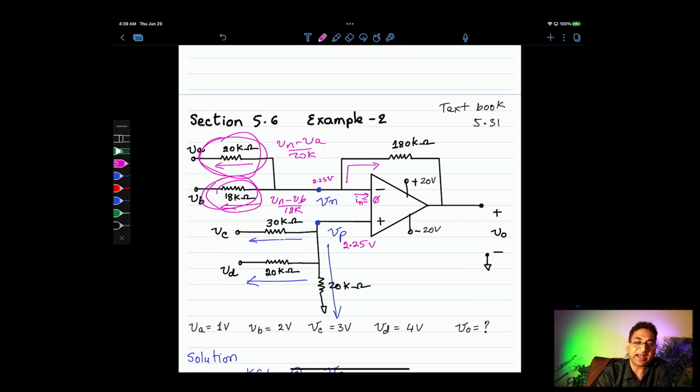And the current flowing in the right branch is Vn minus Vo all divided by 180k. Those are the three. Simply add them up and say that sum equals 0.